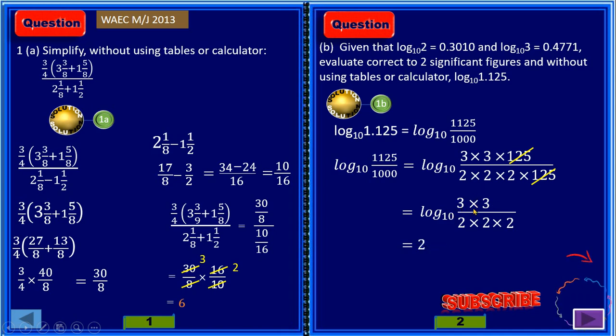Because we have two 3's, that will give us 2 log 3. And here, because we have three 2's, that will give us minus 3 log 2. Remember, division will become subtraction.